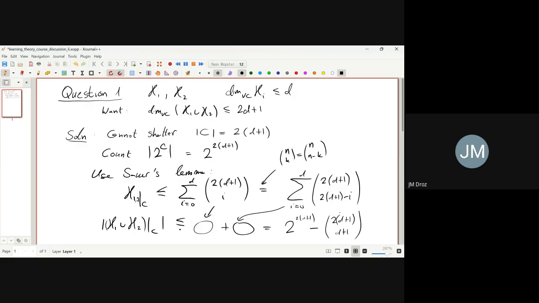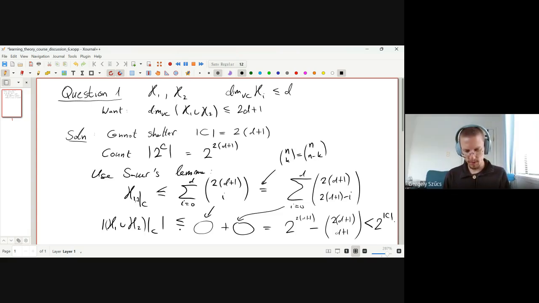And because this last term is larger than 0, what we needed to prove follows. So basically, we get that there are fewer functions in the restriction than we would need in order to shatter the whole set, and it cannot be.